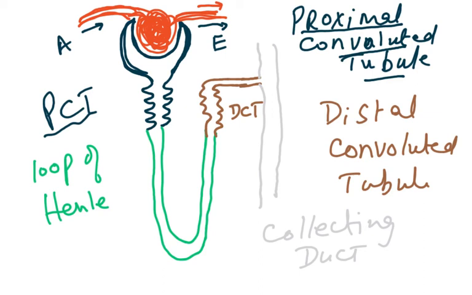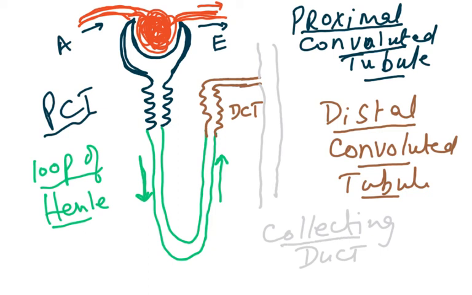And in between these two, we have the loop of Henle. And the loop of Henle has a descending limb and an ascending limb. So it makes sense, descending limb and ascending limb. And then we have the distal convoluted tubule, which is distal or distant, and that opens into a tube which is called the collecting duct. So this entire structure is called a nephron.